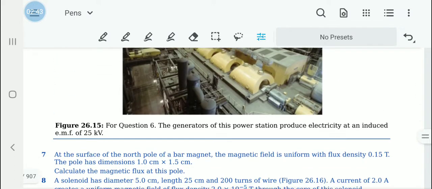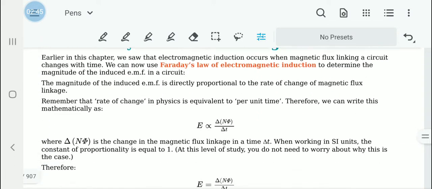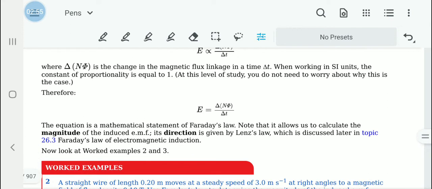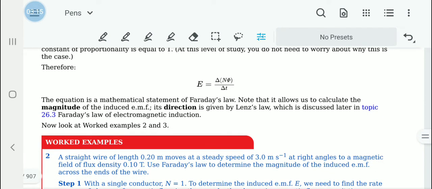So now we are going to discuss how to use this φ along with N, the number of turns, that is the flux linkage, divided by delta t. This value delta Nφ divided by delta t gives us the magnitude of the induced EMF, and the direction can be obtained by Lenz's law. We are going to discuss that after this part.